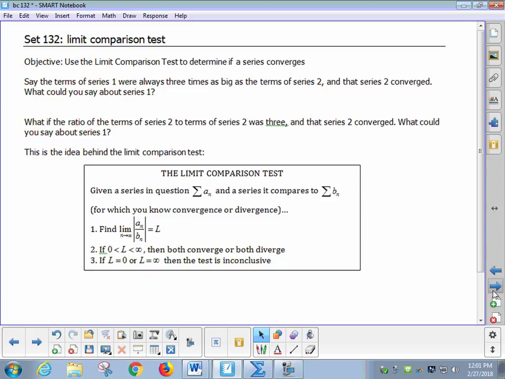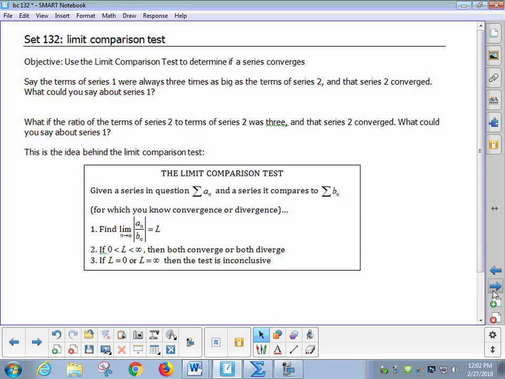Now, depending on how the limit comes out, you might be golden. If the limit is finite times 2, for example, if the limit is 2, then that would imply that the terms are approaching twice as big. And then there's a direct comparison between the two. If the limit was 5 times as big, 7 times, it wouldn't even matter what the number is. As long as it was some finite number, you know they had some kind of scale factor comparison between them, right?